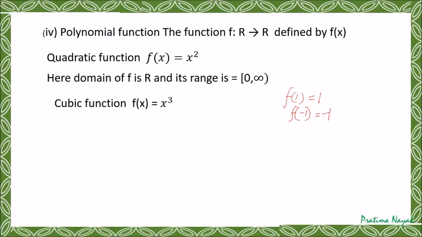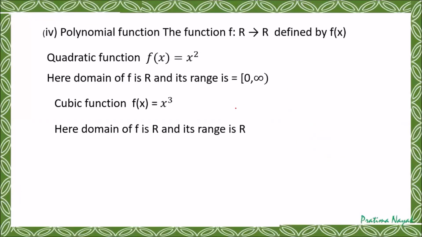So the range can be negative, y can be negative. f(2) is 8, but f(-2) is minus 8. So it can be negative also. So we conclude that the domain is all real numbers, and the range is also all real numbers. So the domain is R and the range is also R for cubic functions.